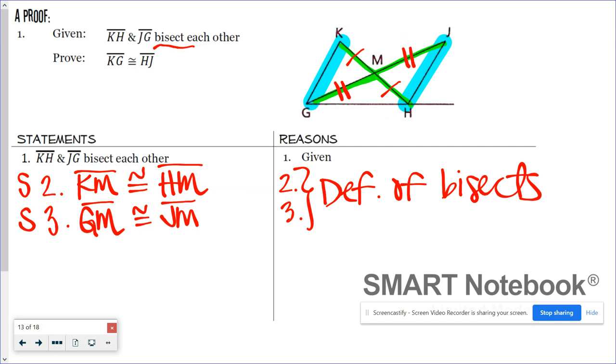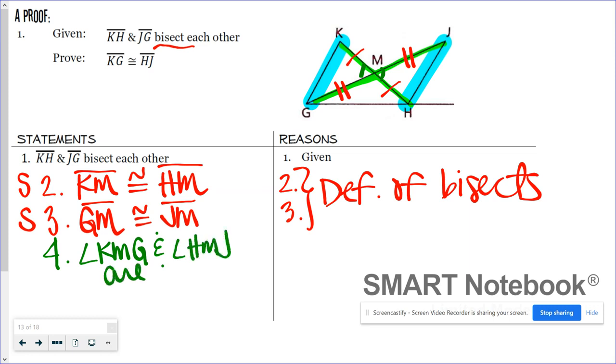Yeah, right? So we do have a pair of vertical angles right here. So remember, whenever we're using vertical angles, we must first identify them. So I'm going to say that angle KMG and angle HMJ are vertical angles. And my reason for that is assumed from diagram.